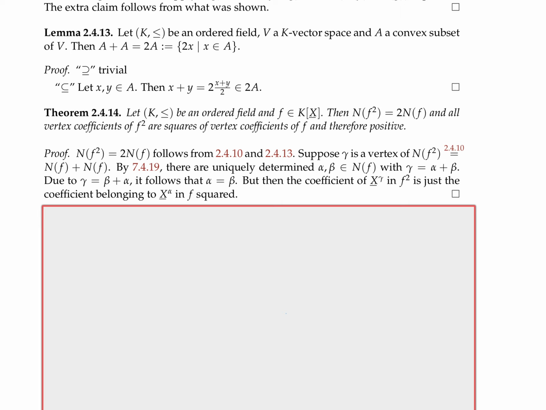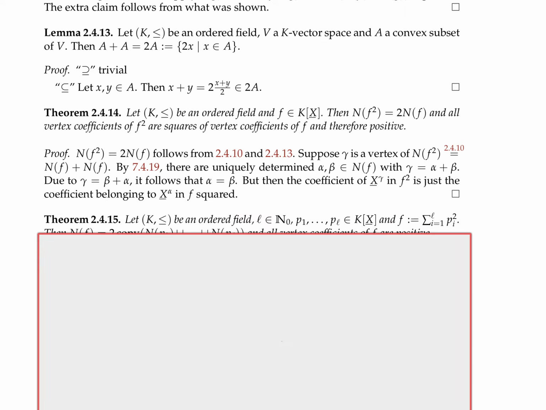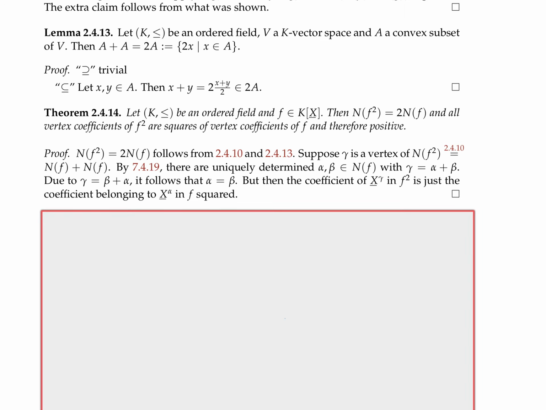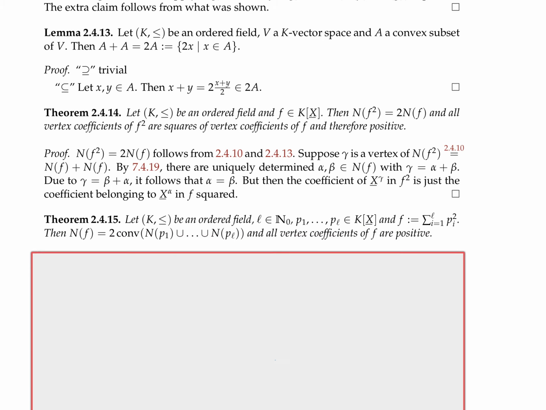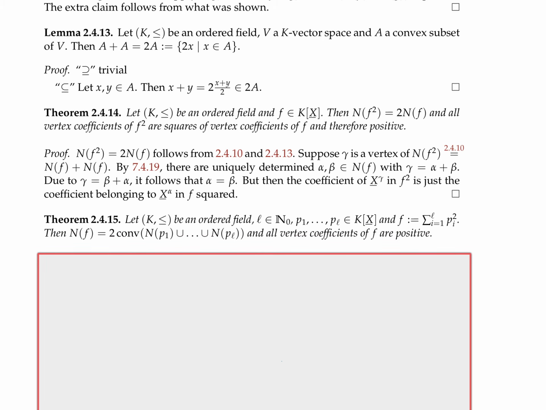And this is actually the square of the coefficient belonging to x to the alpha. Okay, so these vertex coefficients are squares and therefore positive. Okay, and now we come finally to the sums of squares, right?